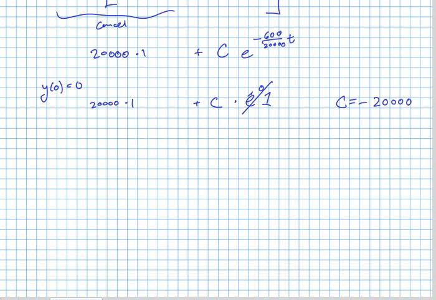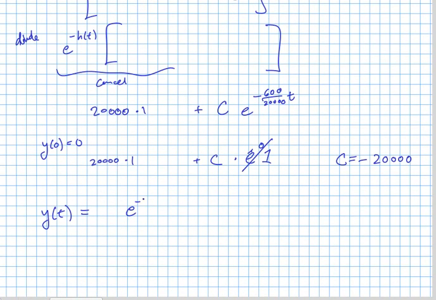Okay, you didn't know that until you did the problem. Now we're ready to say that y of t is equal to, actually, I better use the letter A there just to differentiate it. Let's make sure that we're getting the right problem here.